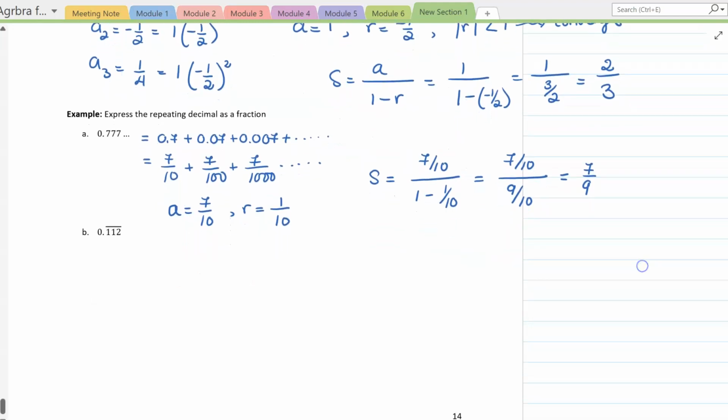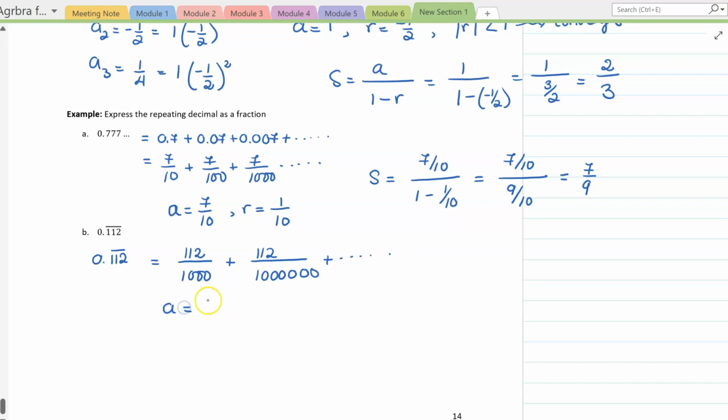In the next case, this is a repeating decimal, 0.112 repeating. I can rewrite this as 112 divided by 1000 plus 112 divided by 1 million, so on and so forth.